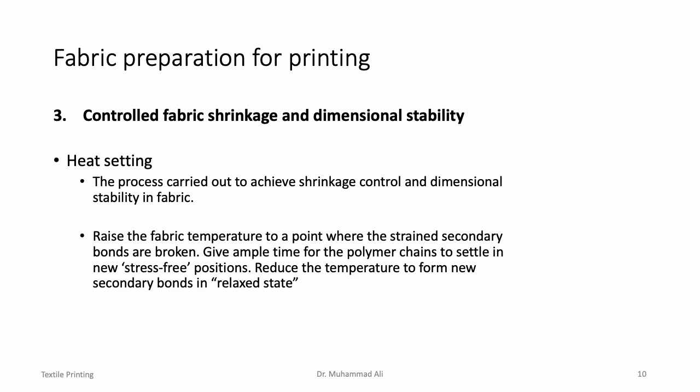So the new positions that the polymer chains acquire are stress-free positions. And in this condition, we reduce the temperature again, and the polymer chains are locked in their relaxed state. So during the process of heat setting, the strain inside the fiber structure is removed. You must have discussed this in detail in your TS 245 course.